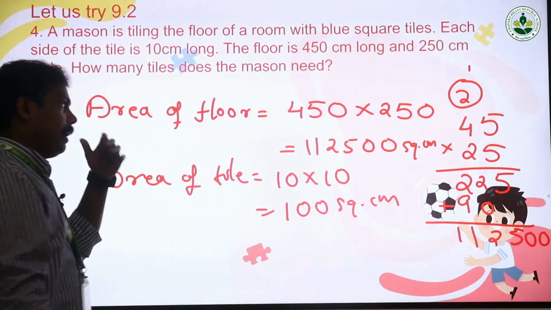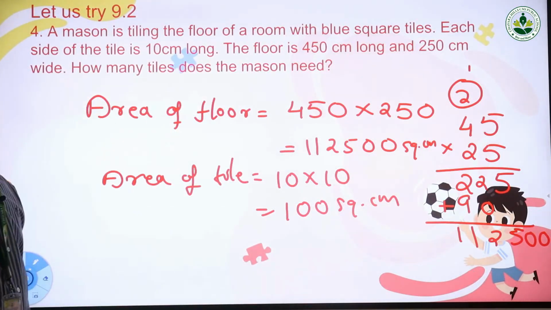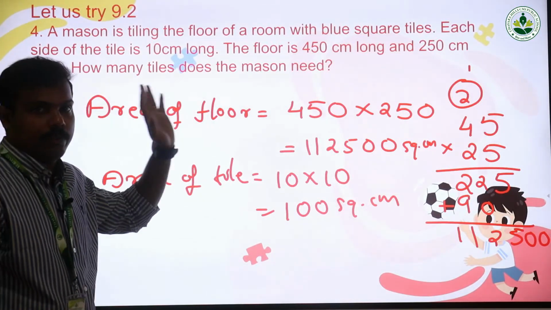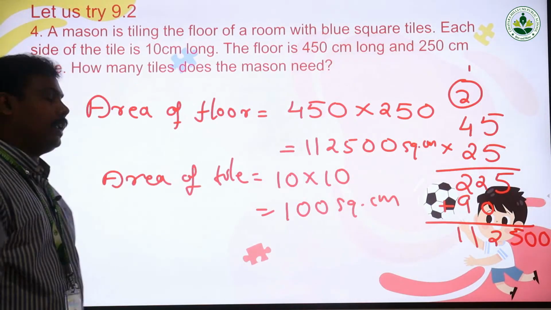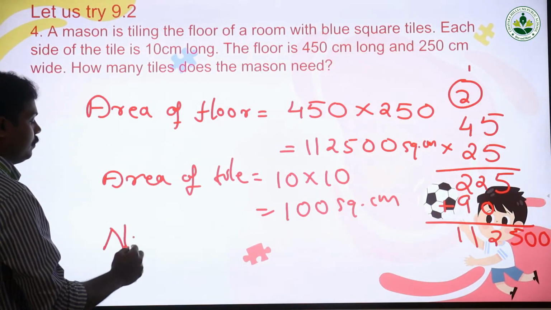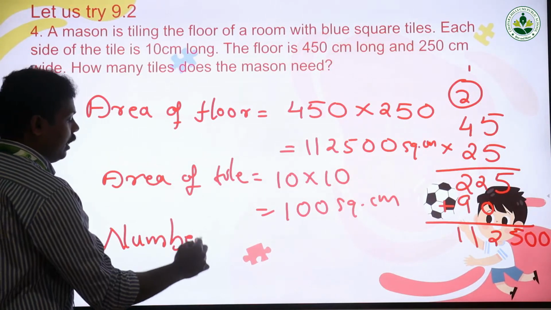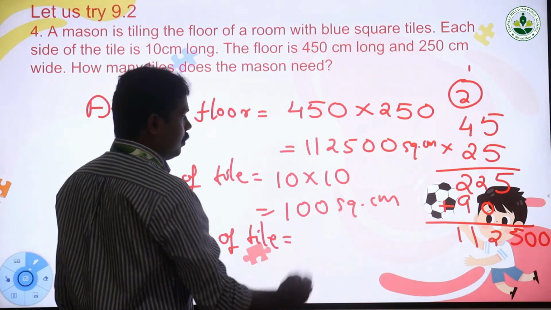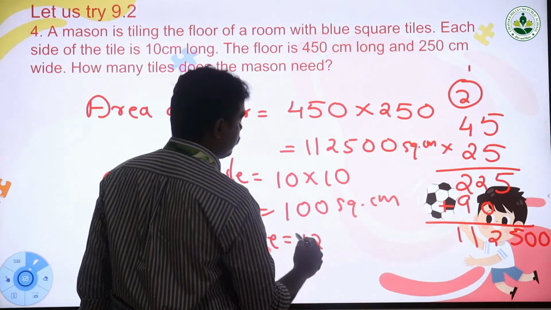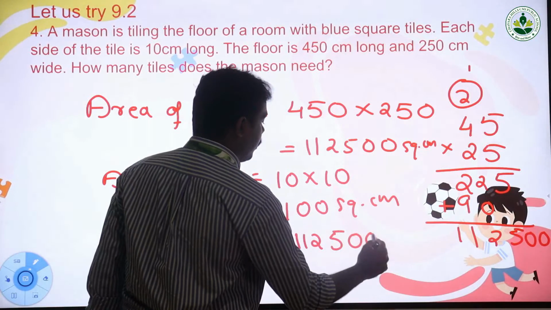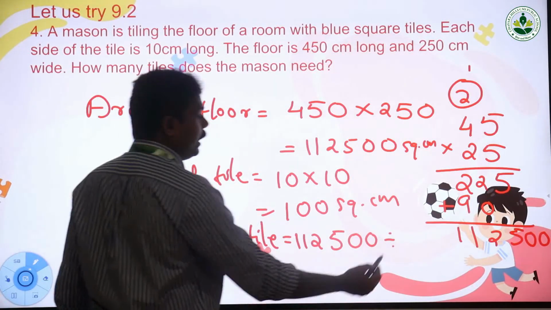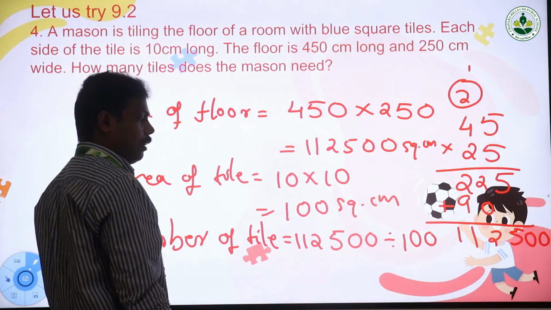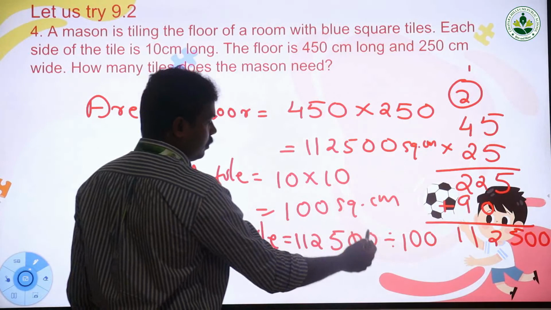Now we found the area of the floor and the area of one tile. How will you find out the number of tiles? For finding the number of tiles, we need to divide the total area by the area of the tile. 1,12,500 divided by 100.